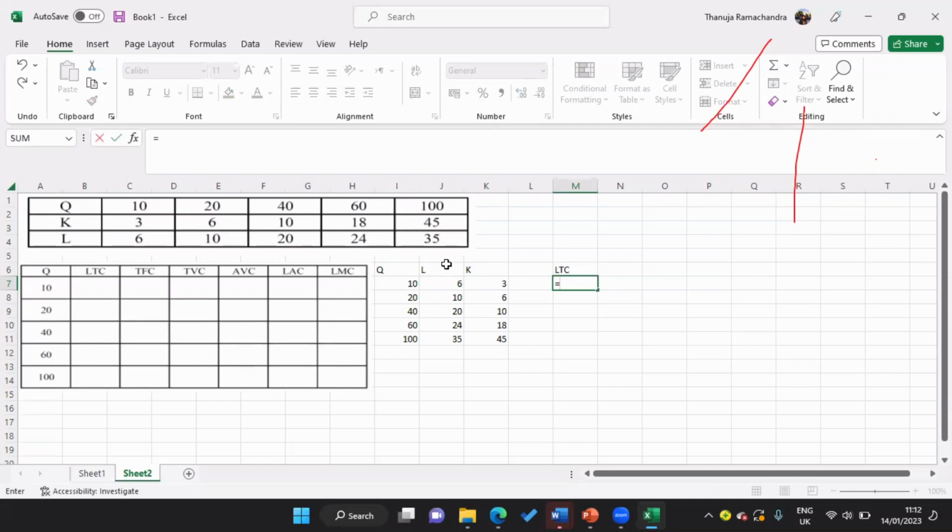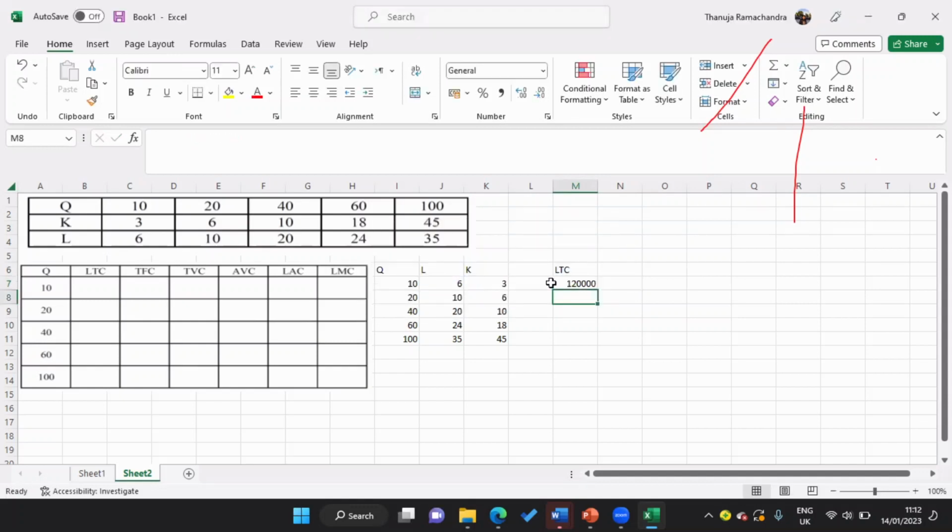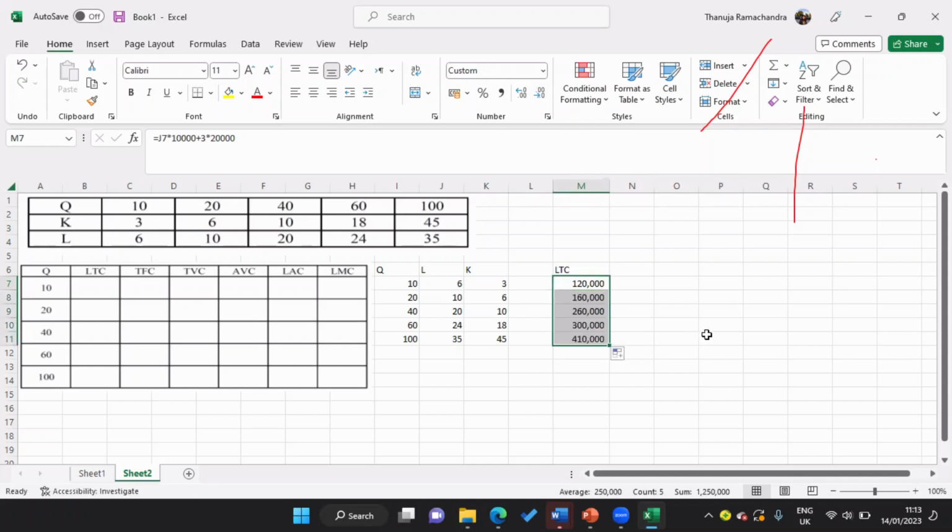Yes, madam. Okay. So labor charge is 10,000 plus, this is the labor cost plus capital cost, 3 into 20,000. Madam, better you put the K value instead of 3, so you have to put that column.